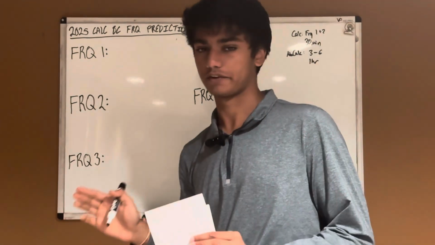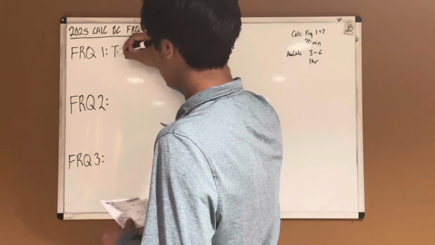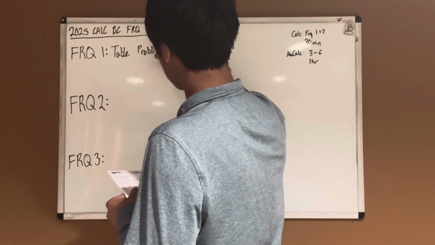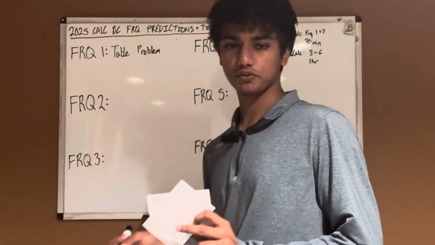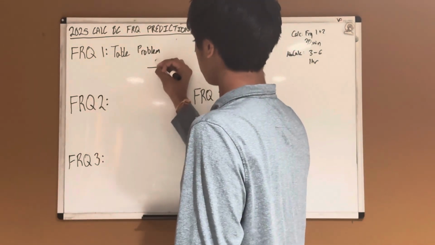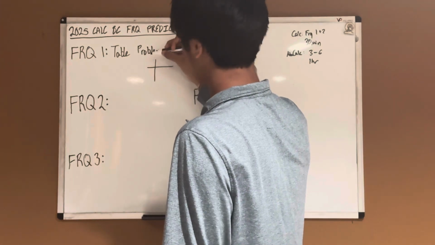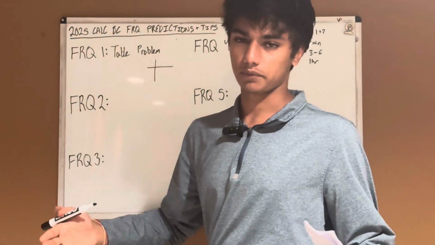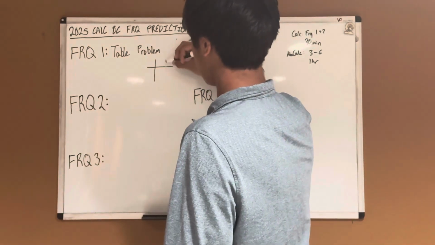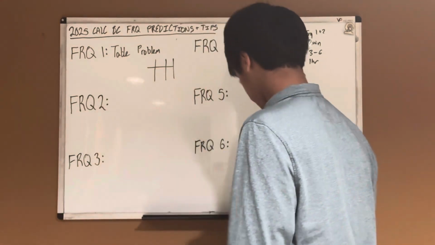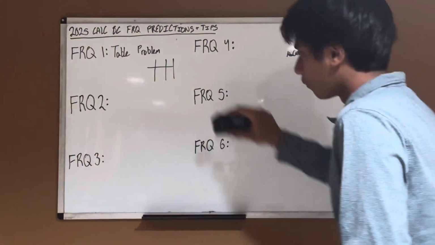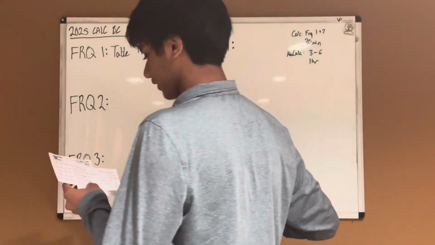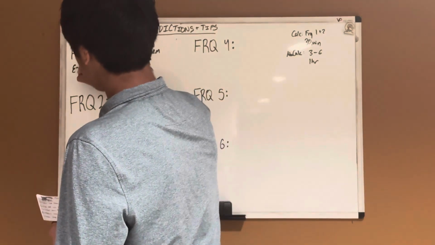My first prediction for FRQ1 is that it's going to be a table problem. Table problems are basically problems that give you a table of values. It might be, I don't know, maybe the first derivative, and it's usually a word problem. What I recommend you study for these FRQ1 table problems is how to estimate derivatives.